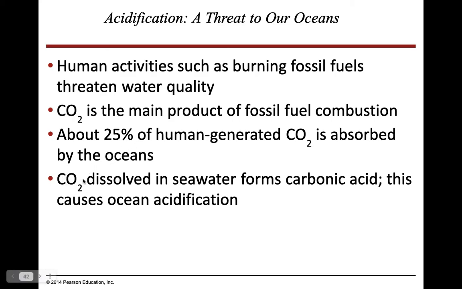Now, the CO2 that dissolves in seawater forms carbonic acid. And carbonic acid, again, is a molecule that's going to be donating excess hydrogens to the water environment, but also that is going to be lowering the pH.